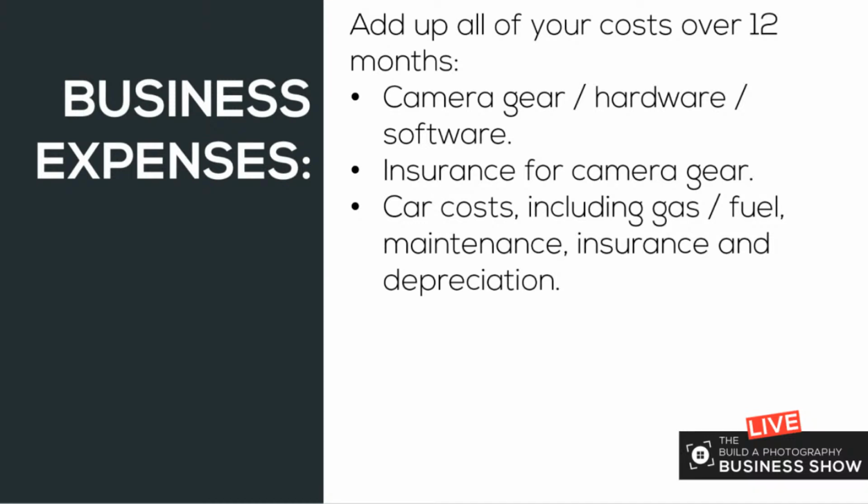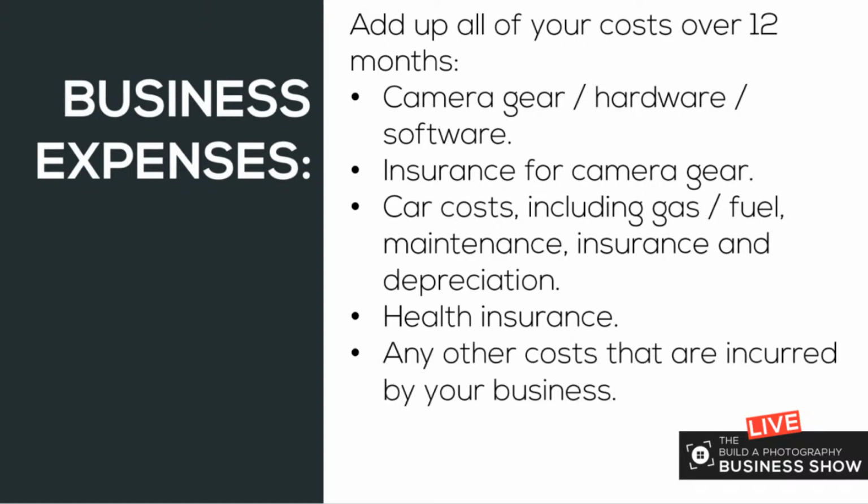That depreciation value is an important one. So look up a vehicle depreciation calculator for your area to see how much the value of your car drops over time. Next, you'll include health insurance if you need that where you are, and any other costs that are incurred by your business. So what we do is we add up all of those expenses, and let's say it's $15,000 per year. So then we need to calculate what those expenses are per shoot.